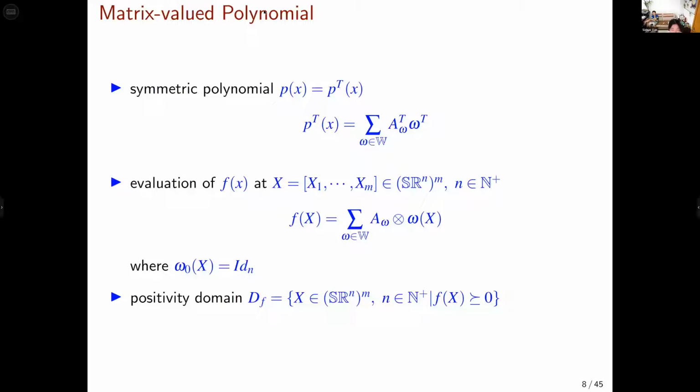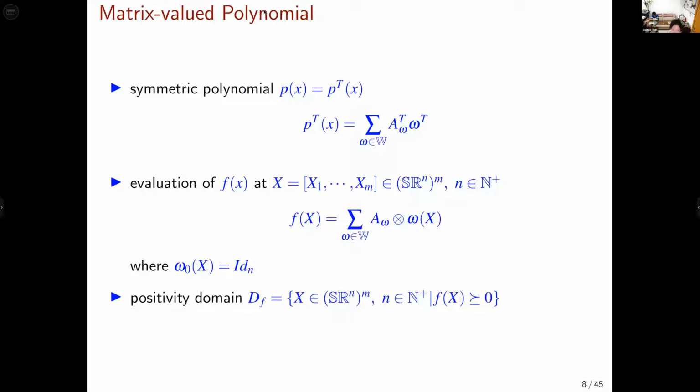In the evaluation, x is a matrix vector, which means every entry of x is a matrix. And since we assume the variables are symmetric, the entries are also symmetric matrices.